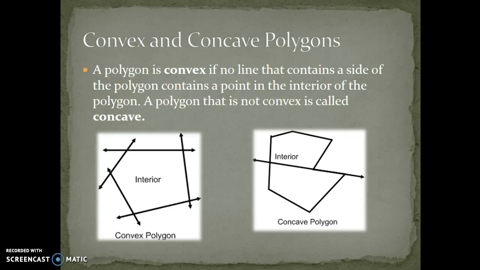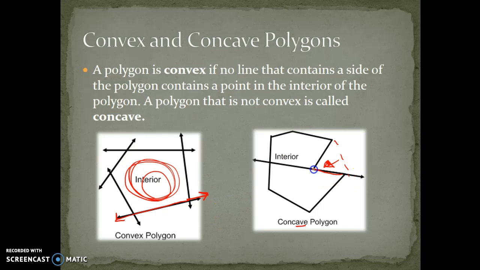The easiest way to remember it is a concave polygon looks as though I was supposed to have a side here, okay, and it caved in. So that's going to be our concave. Okay, the actual definition is that in a convex polygon, if I extend a side, so for instance we have this side, if I extend it in either direction, it never passes through the inside of this polygon.